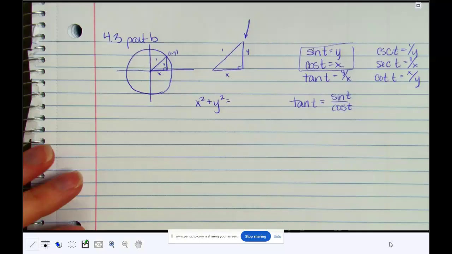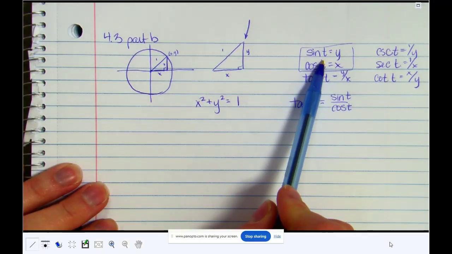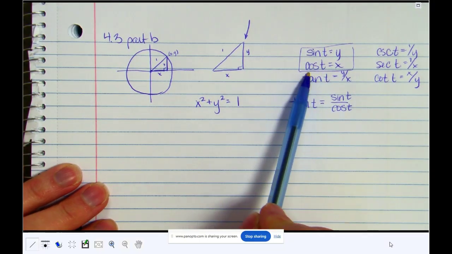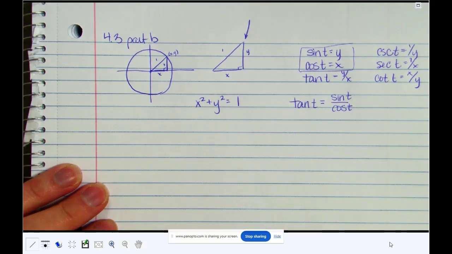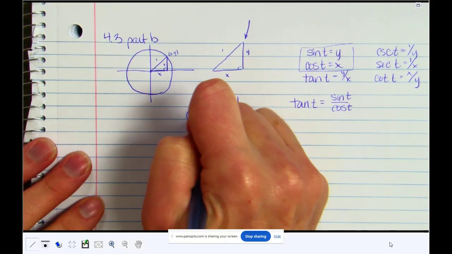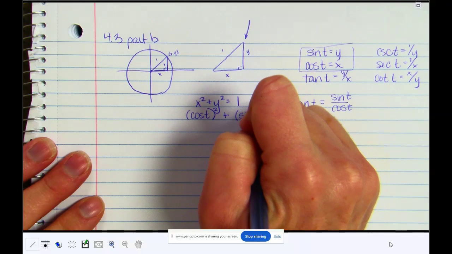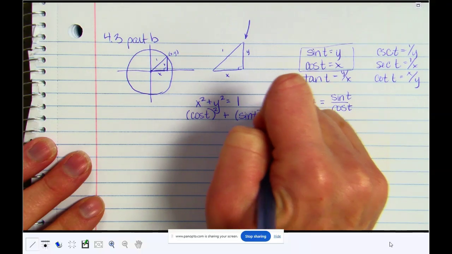What's 1 squared? 1. Okay. So then they said, hey, let's replace sine and cosine with x's and y's. So it would be cosine squared. Nope, you don't write this down. Plus sine squared equals 1.